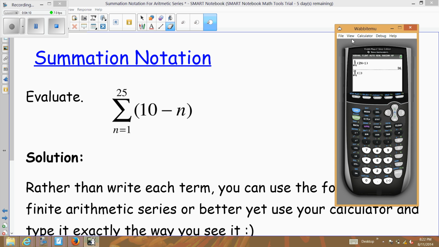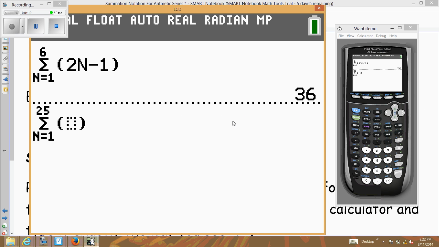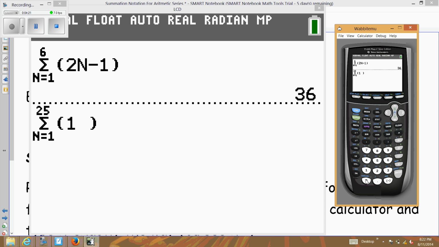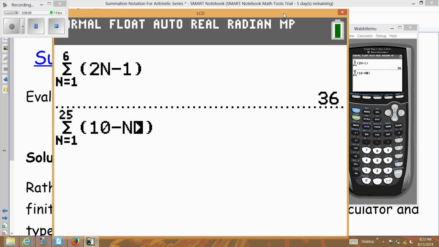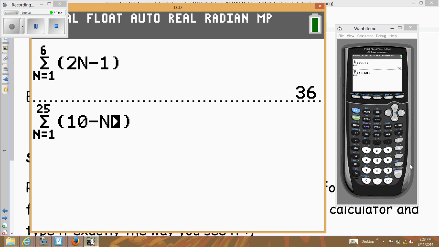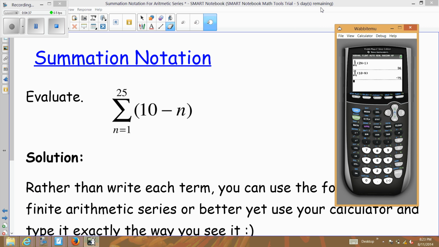Arrow to the side, and let me give you that view again. We've got 10 minus the alpha n. Before I hit enter, I want to check myself, make sure that's what it said. Yep, because that's the biggest mistake we make sometimes. We get in a hurry and type it in wrong. You hit enter, and it gives you negative 75. So your answer for that is negative 75.